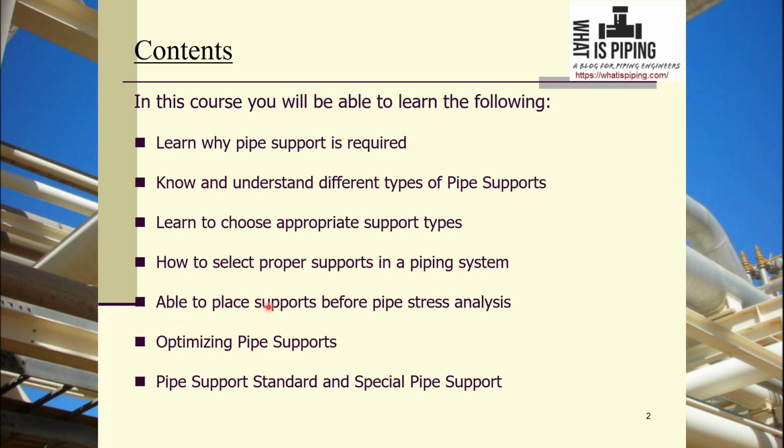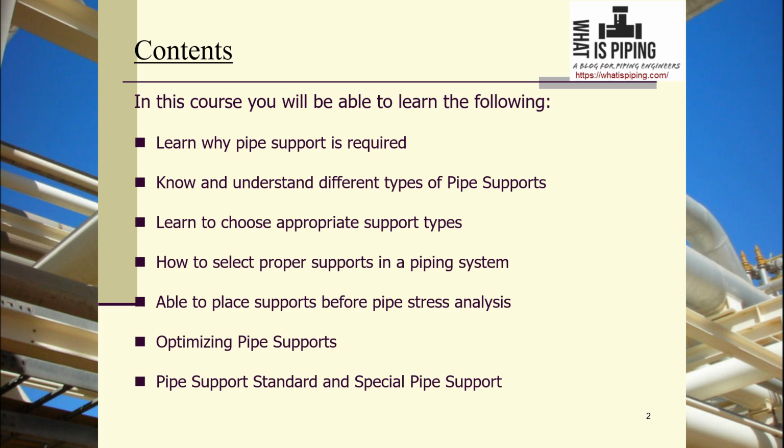Now, being able to place supports before pipe stress analysis. There are two kinds of systems you are aware of by now: critical systems and non-critical piping systems. For critical piping systems, mostly pipe stress analysis is performed and the type of supports are dictated by the piping stress engineers. However, for non-critical lines, stress engineers normally do not provide supporting instructions or guidelines.